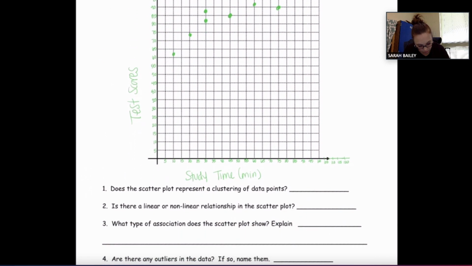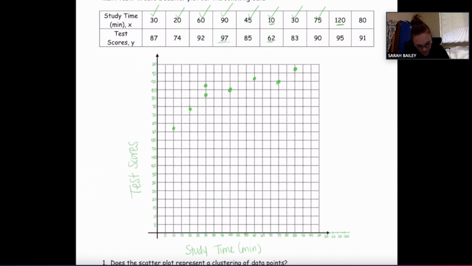Just going to be all the way. Whoops, didn't mean to slide that. Right about there. And 80, 91. Okay, so there's my scatter plot.